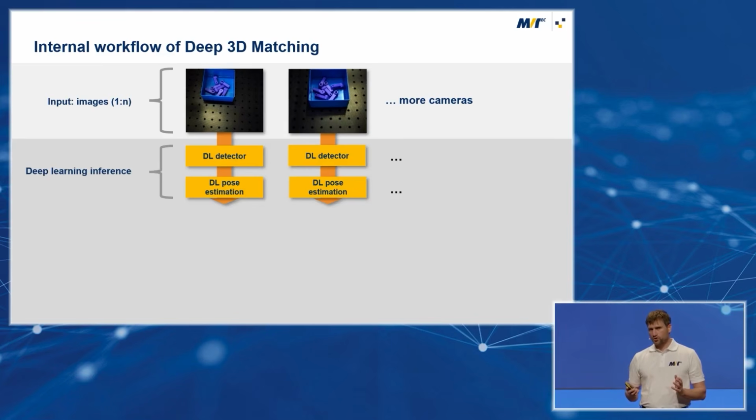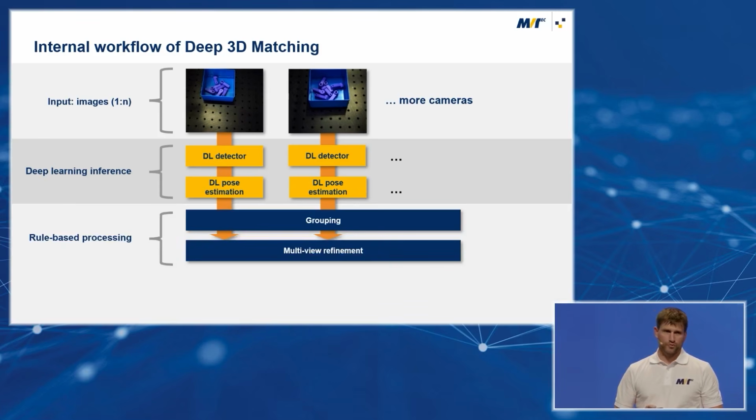Then on each image, we use our known deep learning detector, and the result of the deep learning detector on each image, so all the parts we find, is the input for our deep learning pose estimation. We're doing this for the first image, and then for the second image, as many as we have. With the result of all the poses of all the images, we do some grouping.